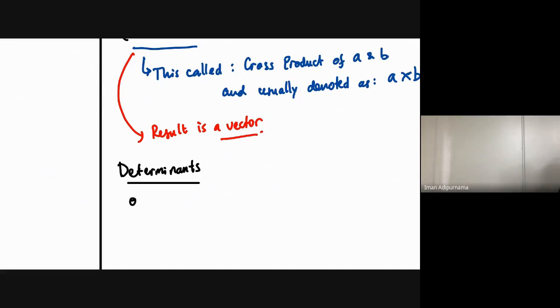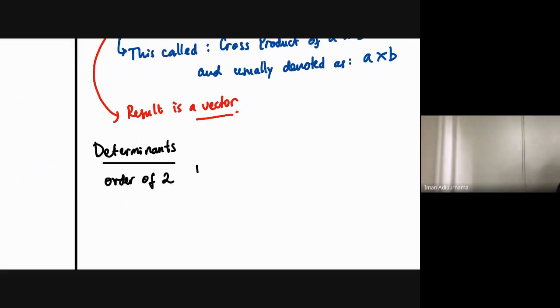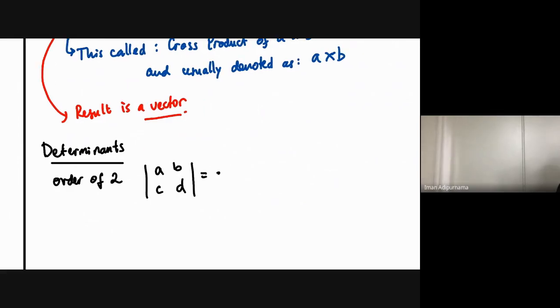If you have order of 2, the determinant of A, B, C, D is AD minus BC, right?